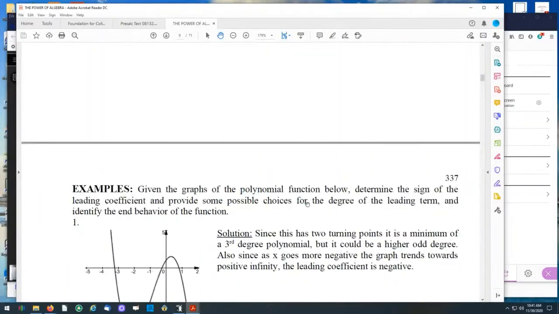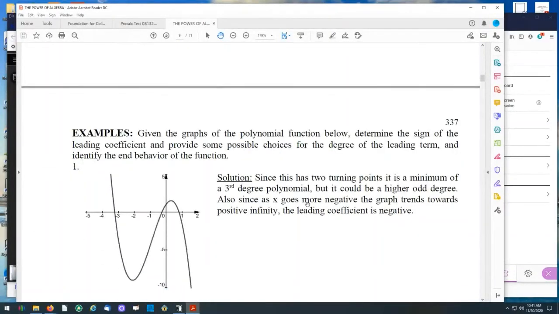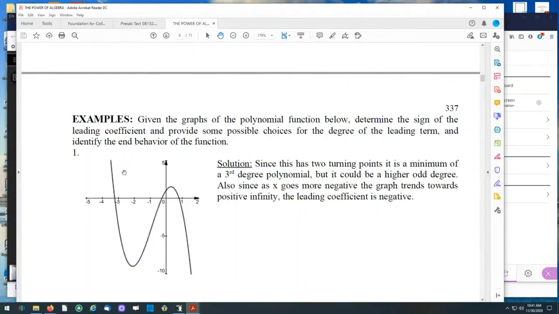And here are some examples of determining, can you find the potential degree? So given the graphs of the polynomial function below, determine the sign of the leading coefficient, provide some possible choices for the degree of the leading term, and identify the end behavior of the function. Well, this has 2 turning points, so it could be a third degree polynomial function. It could also be a 5th degree.